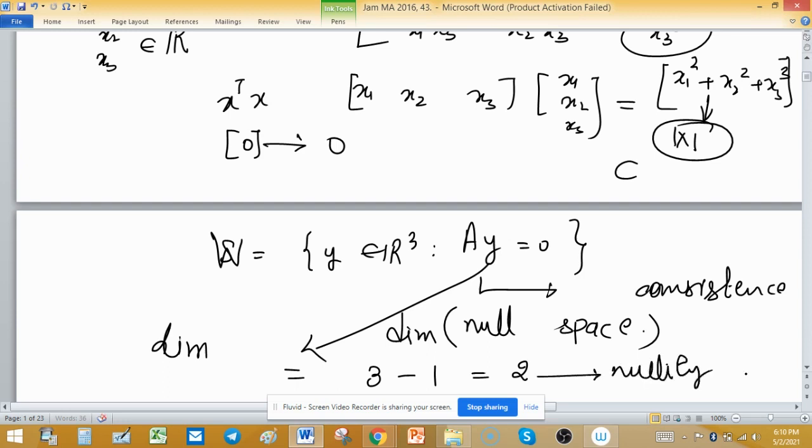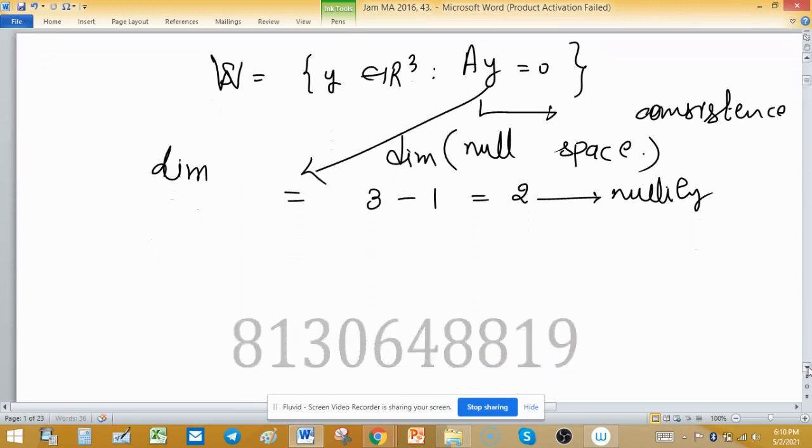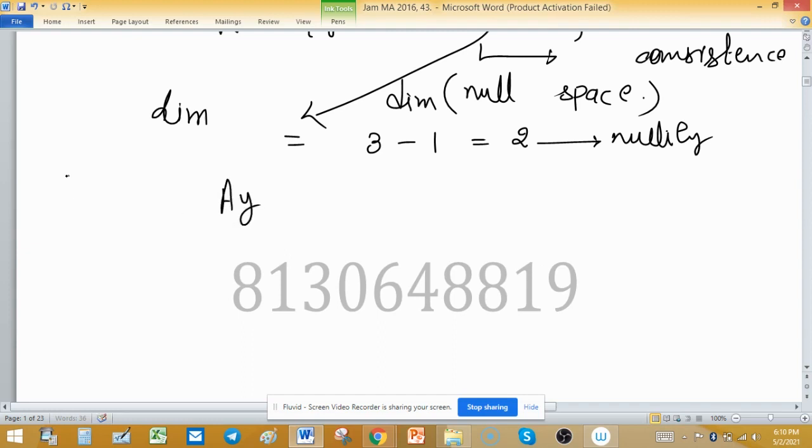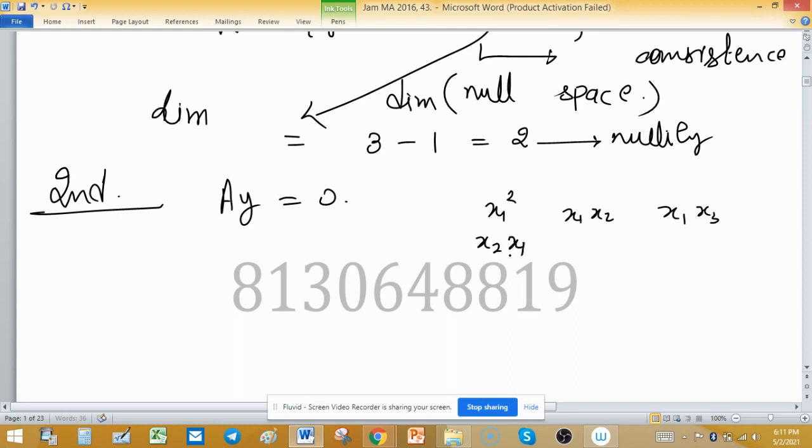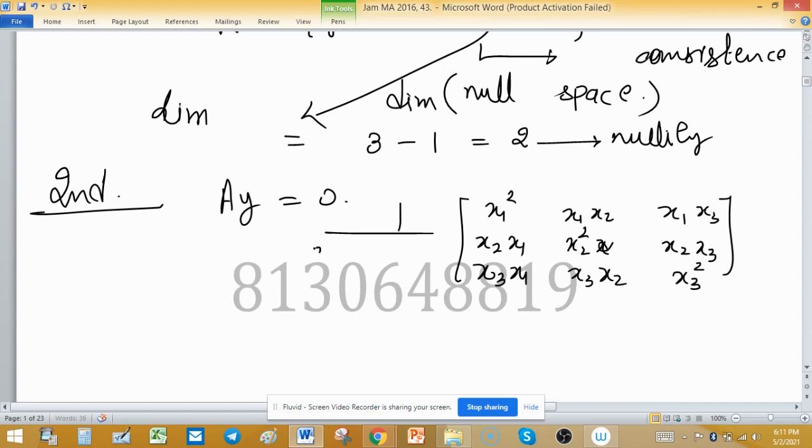You can find it directly, or as the second method, you can understand Ay equal to 0, and matrix A is x1 square, x1 x2, x1 x3, x2 x1, x2 square, x2 x3, x3 x1, x3 x2, and x3 square, and we should divide by this number, as the number was x1 square plus x2 square plus x3 square.